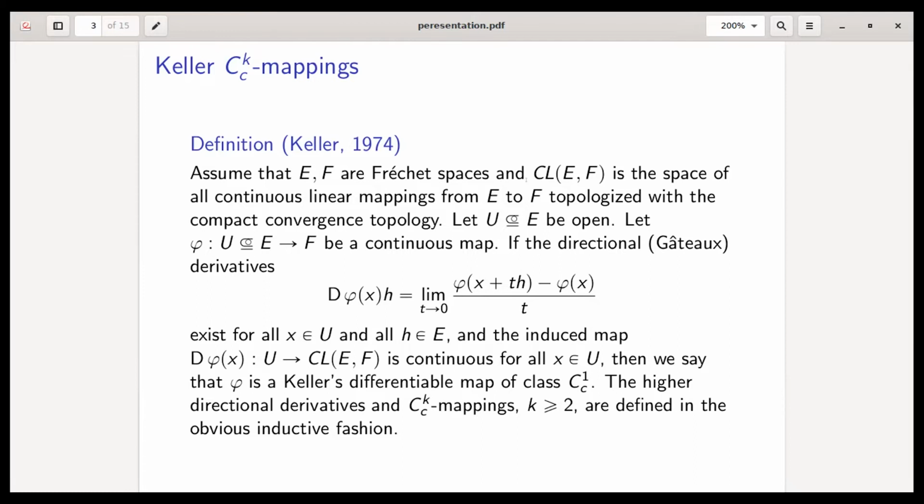And indeed, to define the Palais-Smale condition, we need a topology, and the compact convergence topology is a very good topology to work with.